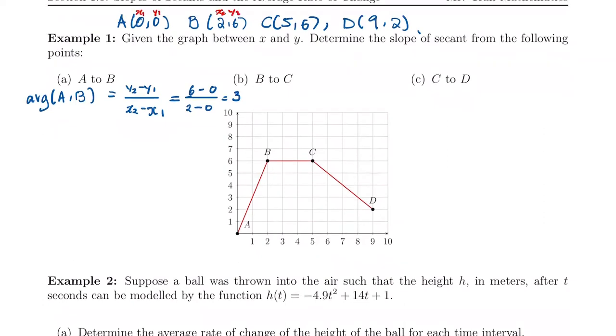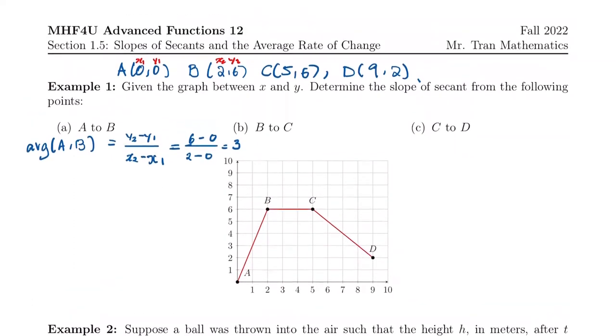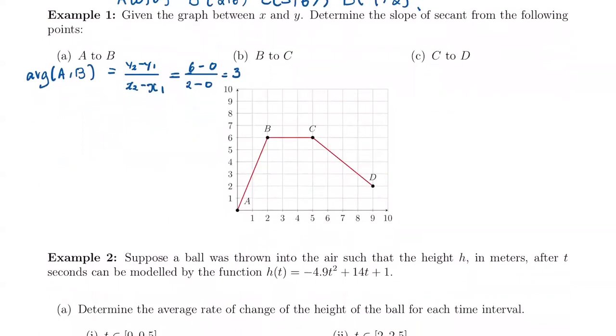So because the slope is positive, that means this red curve is going to be increasing. It's going to have an average increase of 3 between A and B.